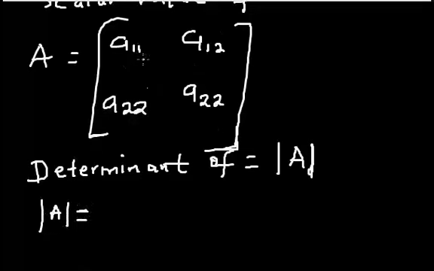What do I mean by diagonals? Let's call one the major diagonal and the other the minor diagonal. I'm going to multiply them and subtract them. First of all, I will start with the major diagonal, that's A11 times A22.